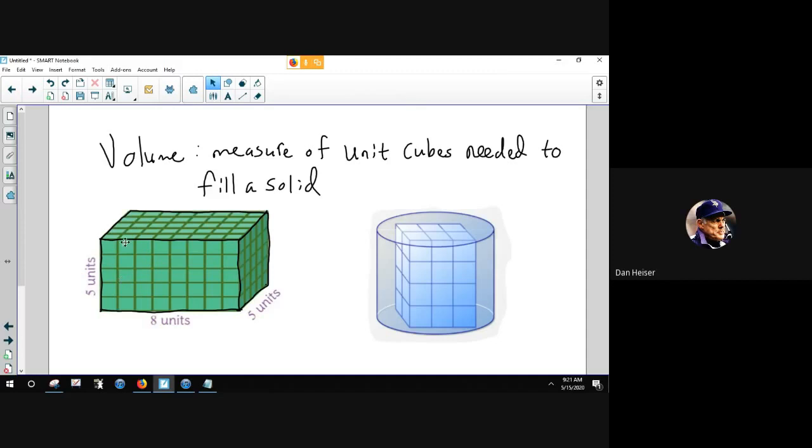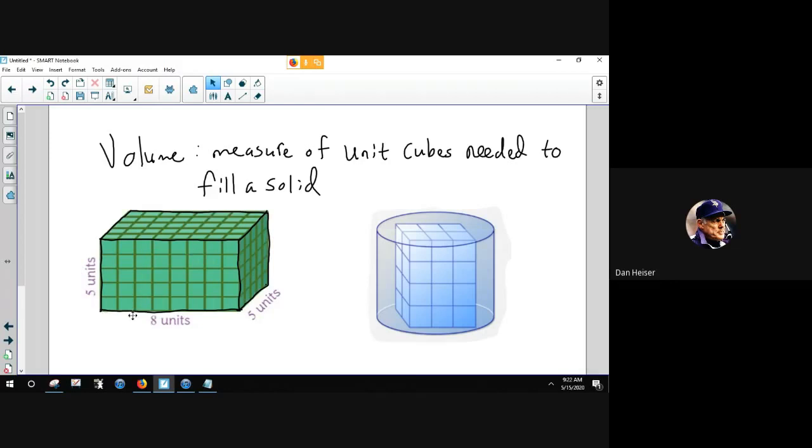And if we have 5 levels, each level has 40 cubes, well, then it's just a matter of 8 times 5 times 5, which should be 200. 200 cubic units. There are 200 cubes in this prism. And that gives us a sense of what to do.